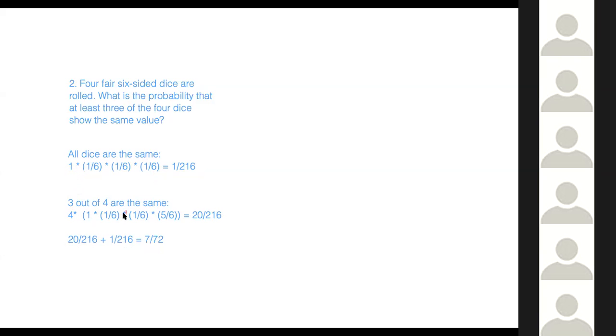Now for 3 out of 4 being the same, the only difference is this extra multiplier here. The reason is that when we have our 4 dice, let's say A is one of the values and B is the other, it could be A, A, A, B, so my first three rolls are the same value and the fourth one is the different value, or it could be B, A, A, A, or A, B, A, A, or A, A, B, A. So the different roll could be in any of the four positions.